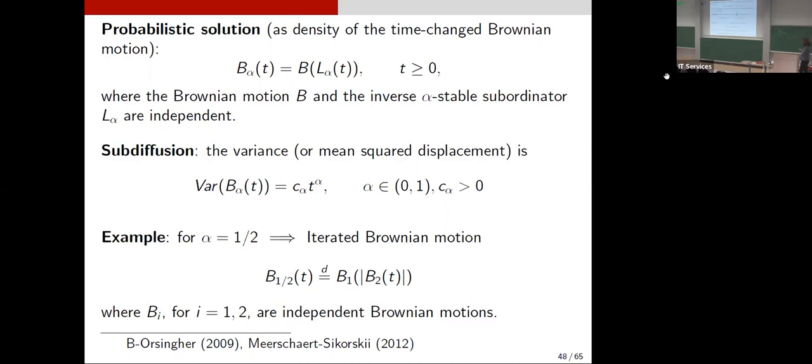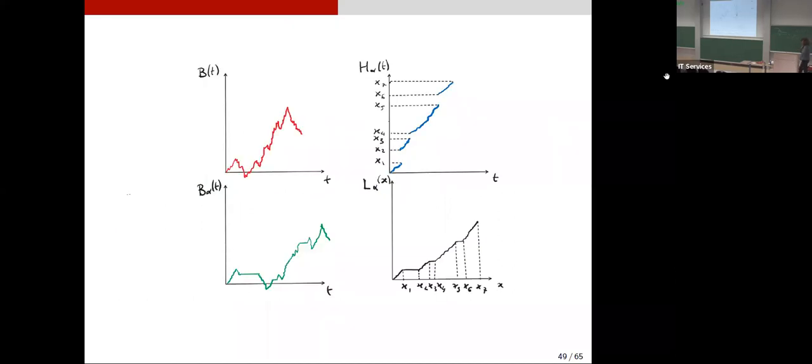Okay, we have some particular cases, but I will directly go to this plot here, since here I would like to explain how the time change produces the effect of moving from a standard diffusion to an anomalous diffusion, a subdiffusion in particular. Here I just drew an example of a normal trajectory of the Brownian motion, starting from 0.